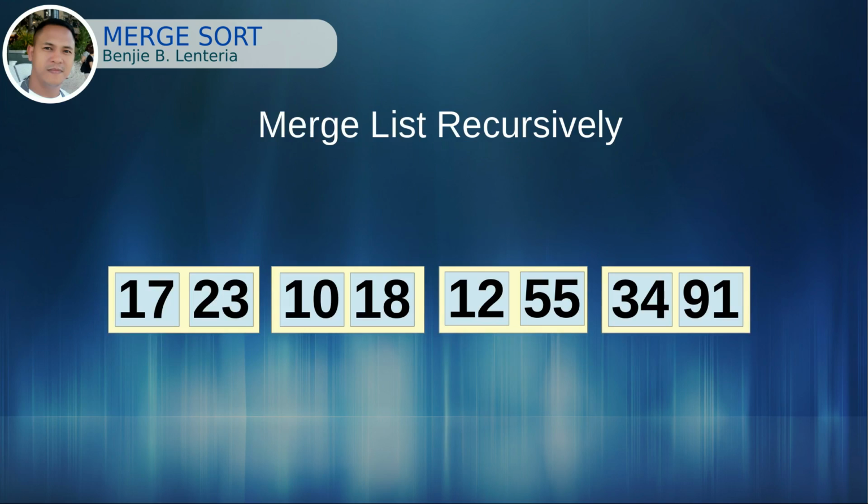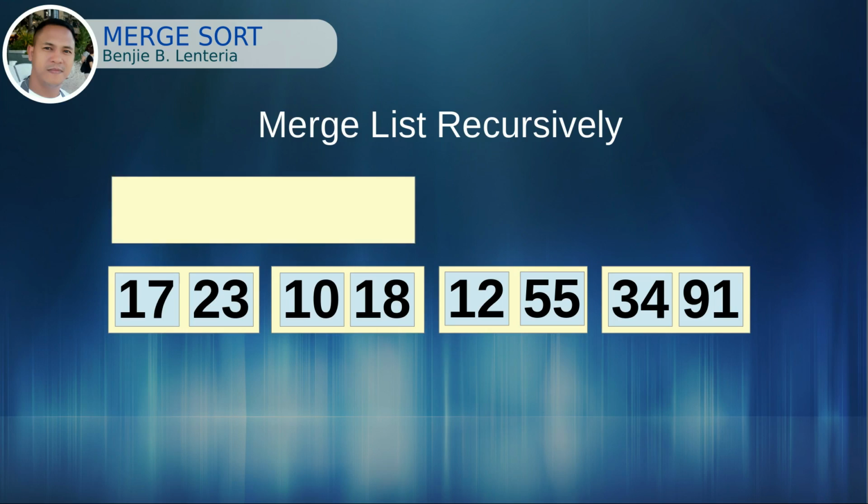At this point, we now have 4 sublists with 2 elements each. These 4 sublists will be merged into 2 sublists with 4 elements each, starting with the first 2 sublists. And so the pointers will now be pointing at the first elements of the 2 sublists.